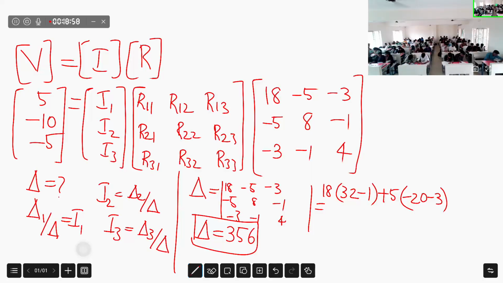Del is equal to 356. Yes, the del value 356 comes.